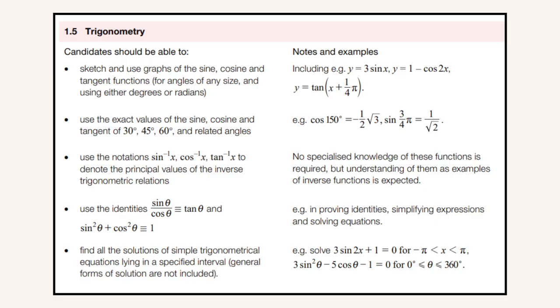There are two ways you could do it. You could do it normally, or you could substitute cos theta as equal to x, and then change it back to cos theta is equal to whatever value you get afterwards. Both methods work.